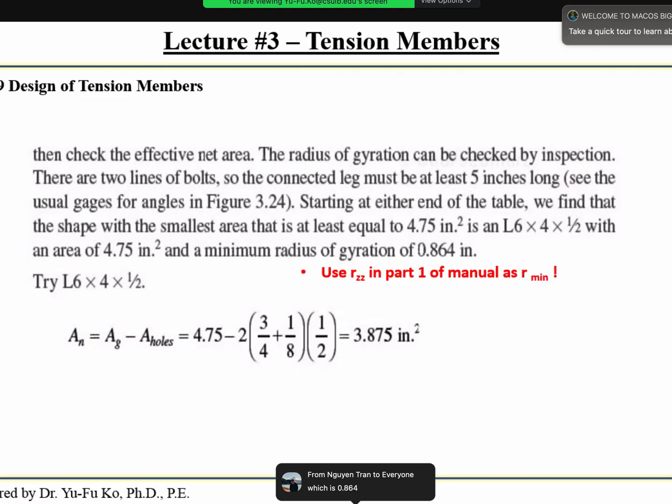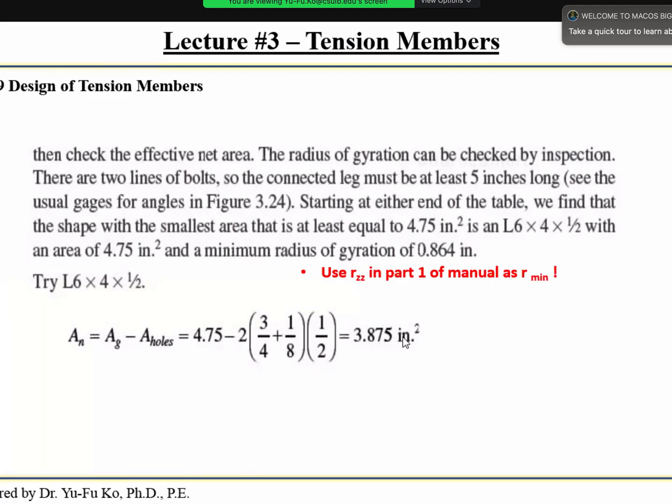If you go to 1-42 and 1-43, remember when you read that table, it covers both pages. It's not only one page for one section. As you can see, if you read the manual carefully, you will see the axis X-X, as well as axis Y-Y, as well as axis Z-Z.